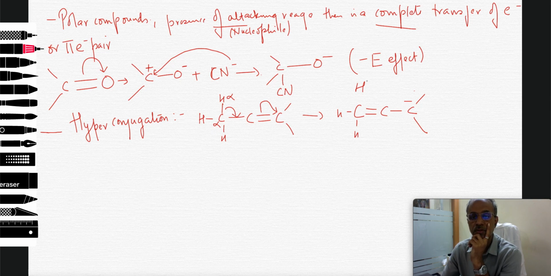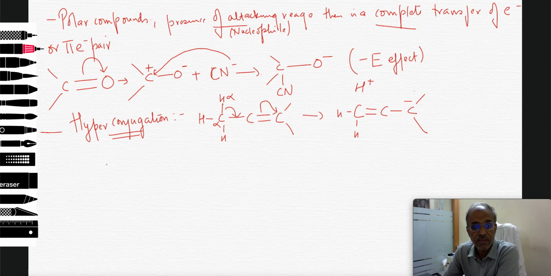Now, this will be H plus. So this is known as hyperconjugation. It means the bond connecting the alpha hydrogen atom shifts, and this is followed by a shifting of the pi bonds, and the electron is released.